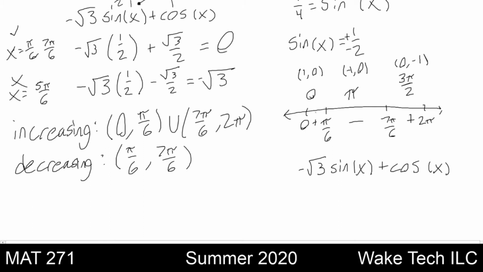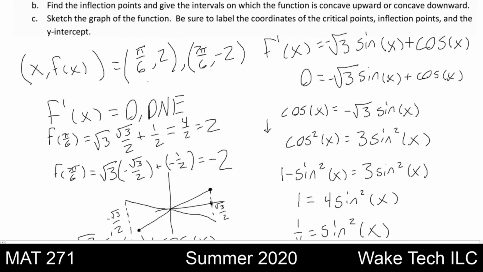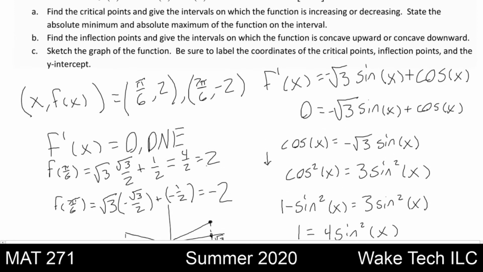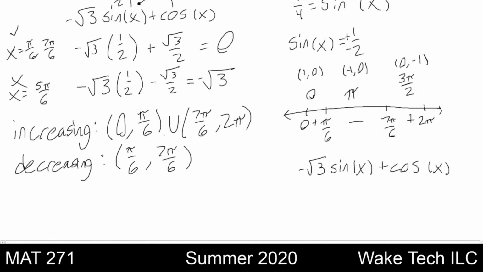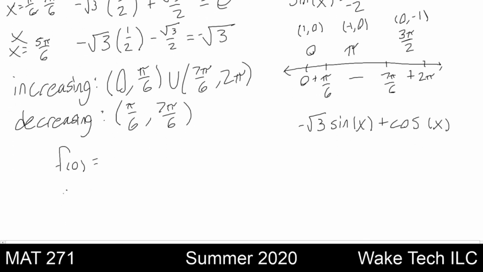So we're finding f of 0, f of pi over 6, f of 7 pi over 6, and f of 2 pi. Luckily, we've already found most of those. We know what f of pi over 6 and f of 7 pi over 6 are. They are 2 and negative 2. Then all we have to do is find f of 0 and f of 2 pi.